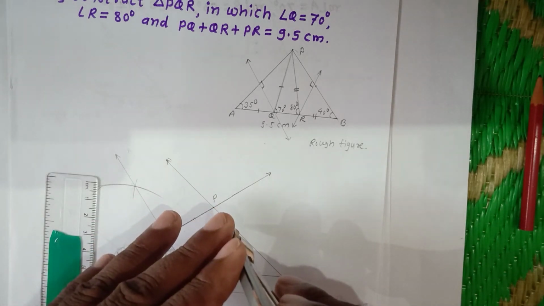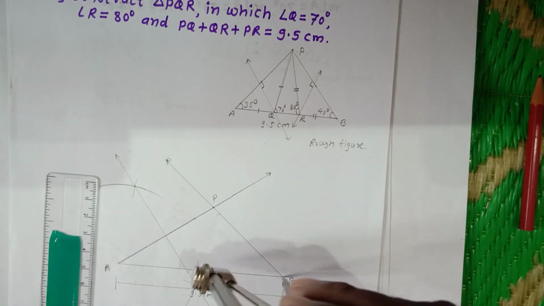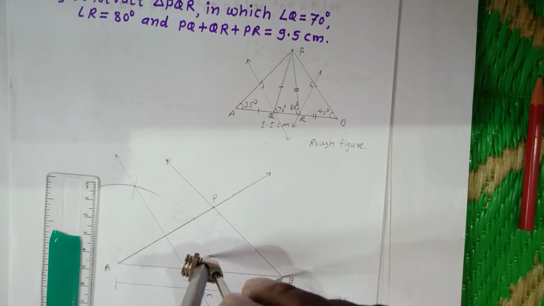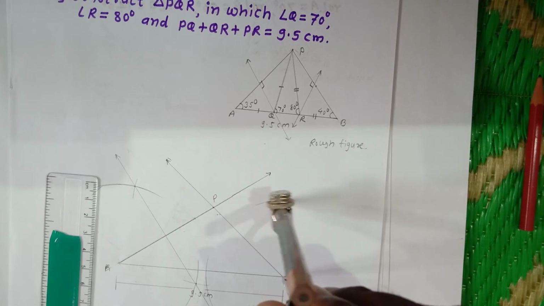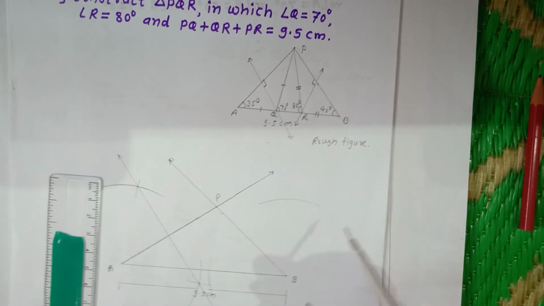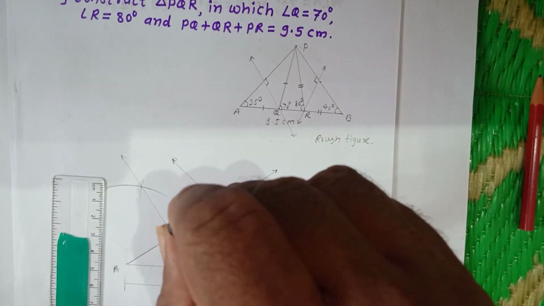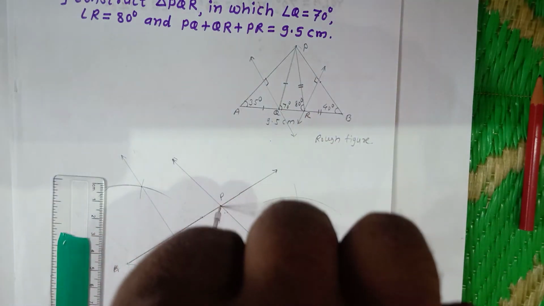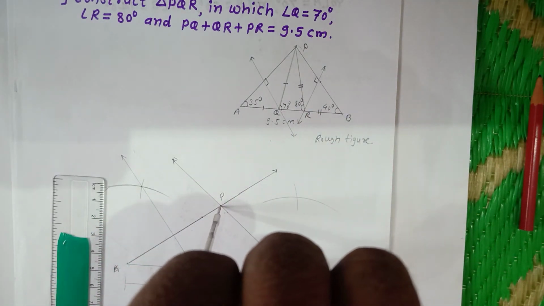Now draw the perpendicular bisector of PB. Take more than half of distance of PB in a compass. Put compass at point B and draw arc on both sides of PB. Then put compass at point P and draw 2 more arcs on both sides of PB.